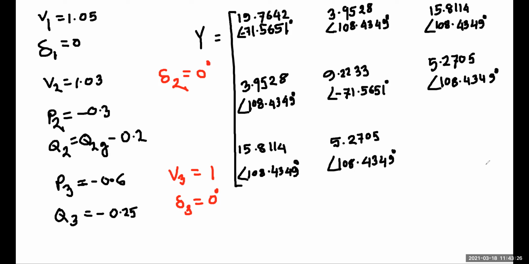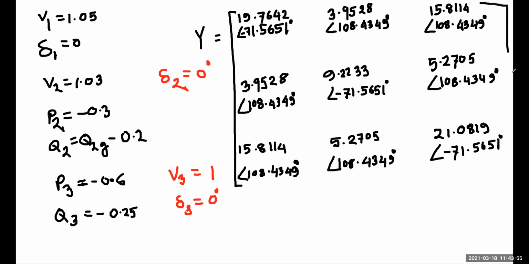The Y33 will be different, 21.0819. 21, not 28. 21.0819, and the angle is minus 71.5651 degree.